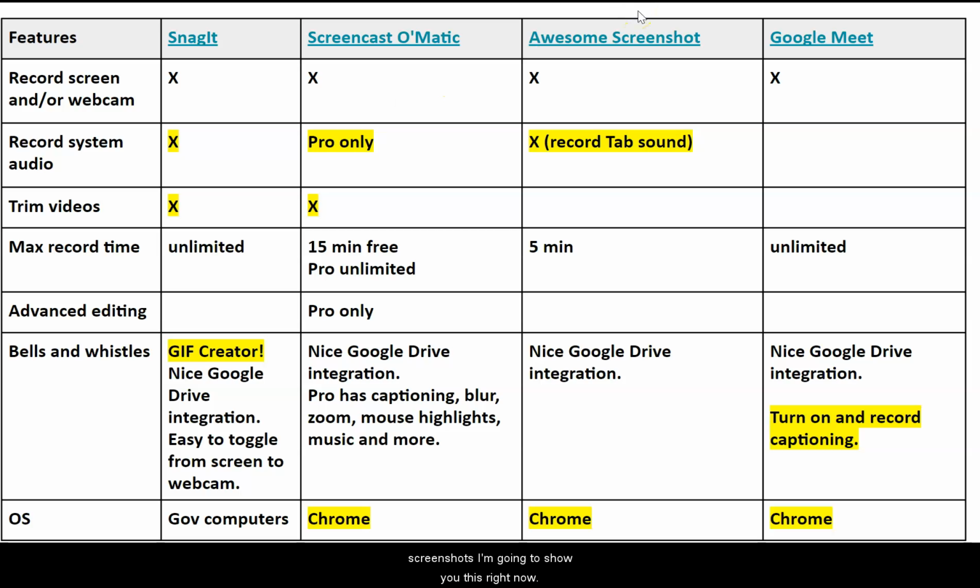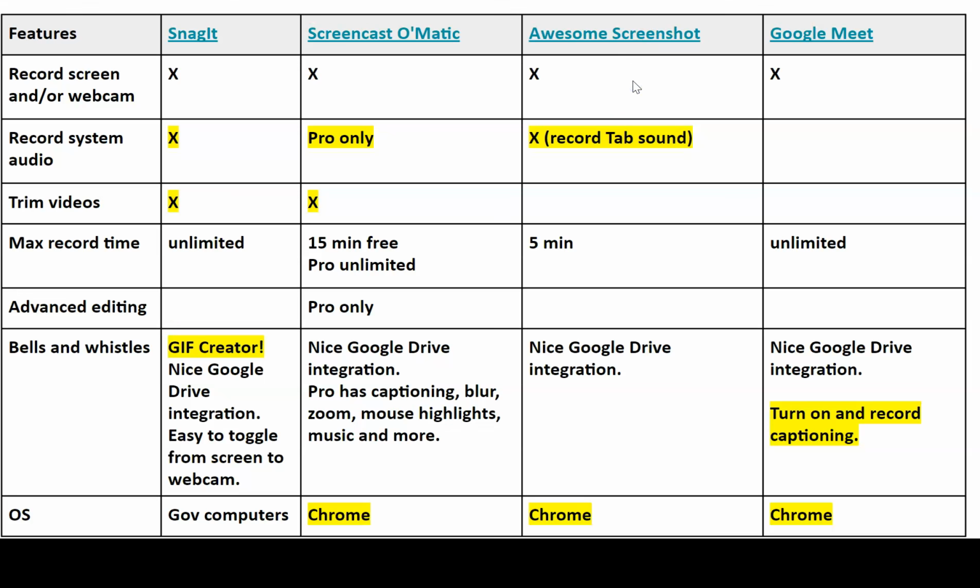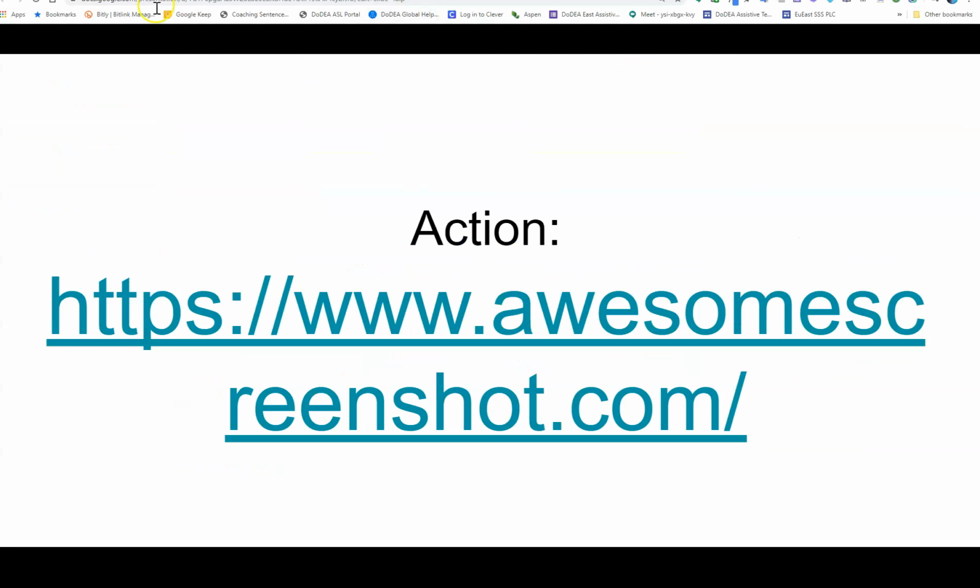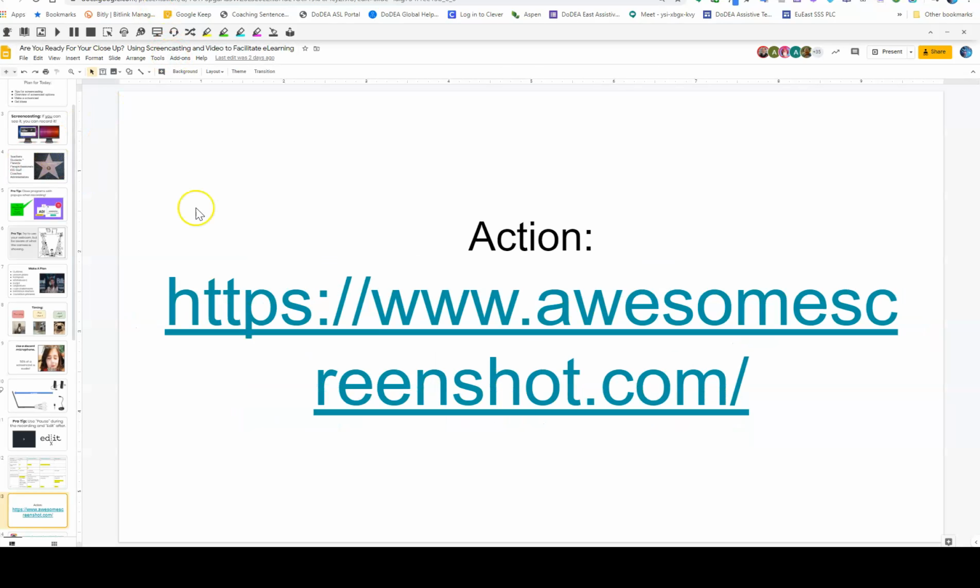Awesome Screenshot. So I'm going to show you this right now. Oops. I'll go back for a moment. I have a link here for Awesome Screenshot, it installs an extension on top of your Google Chrome. So you need to be logged into Google Chrome.